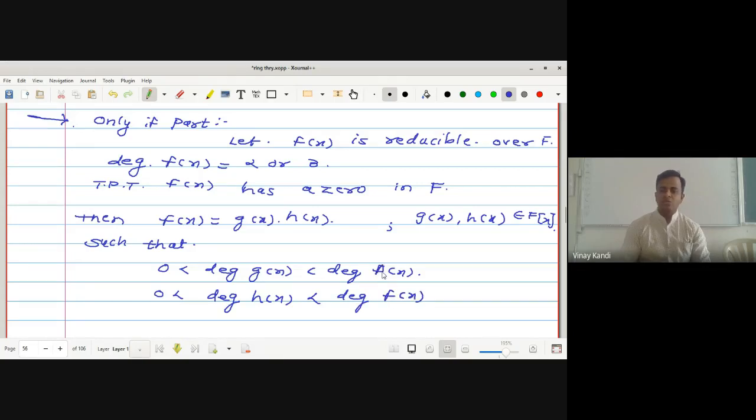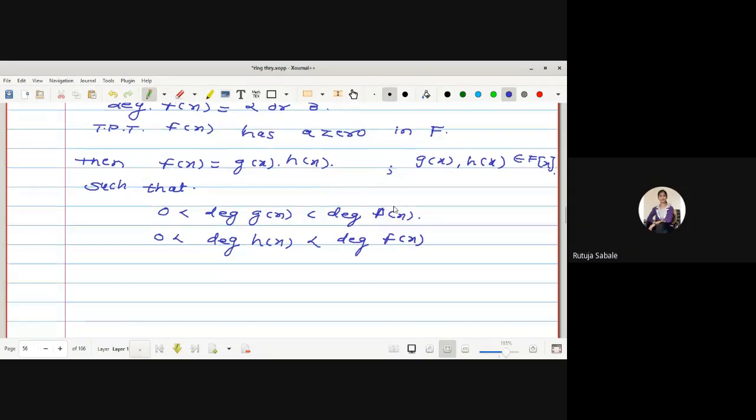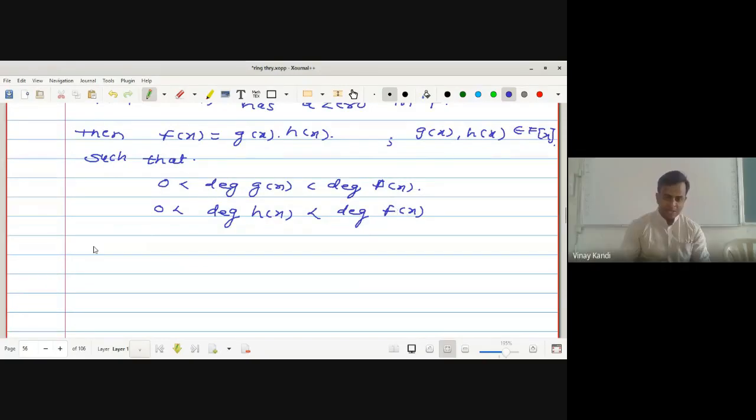Any doubt? No, sir. This implies that degree of f of x is equal to degree of g of x plus degree of h of x.